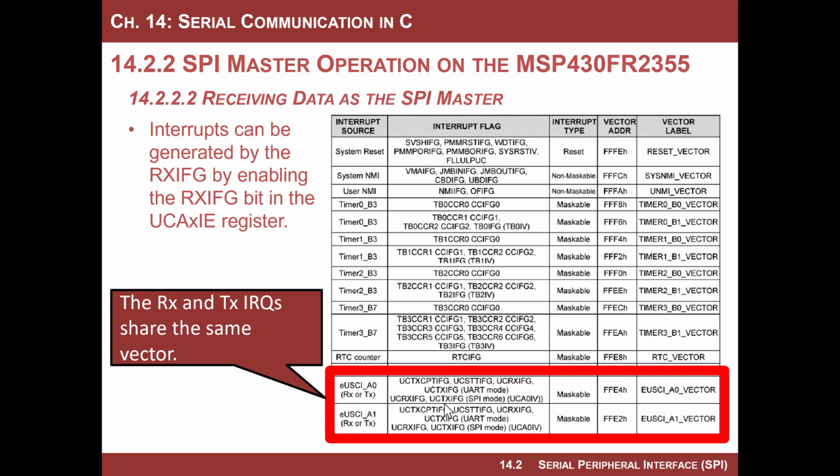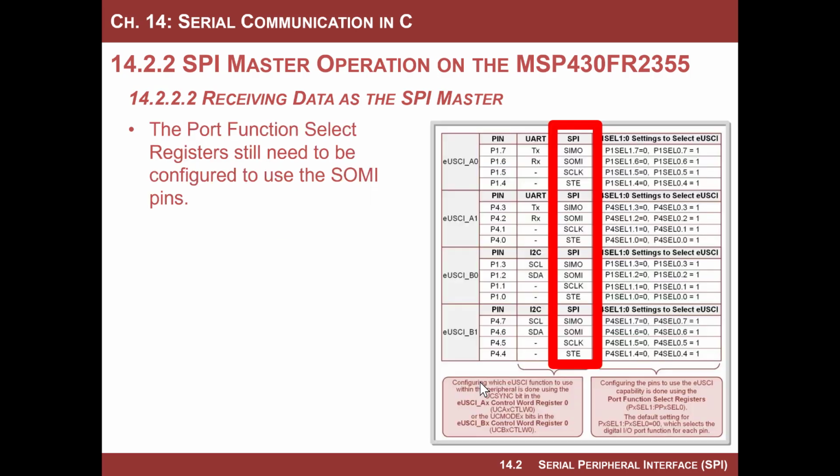But this receive also shares a vector with the transmit. So you notice that they're both at the same vector. So if you're going to have transmit and receive functionality, you have to actually have code in your interrupt service routine that handles that.